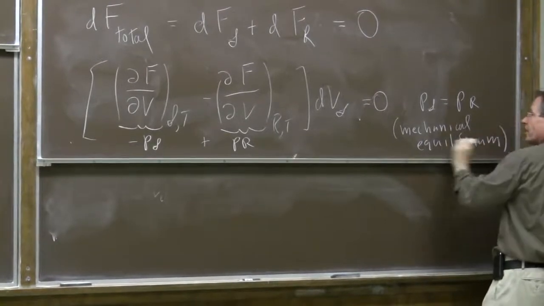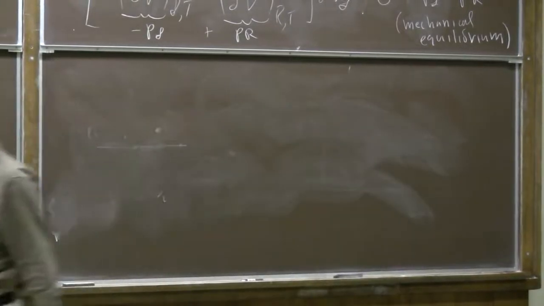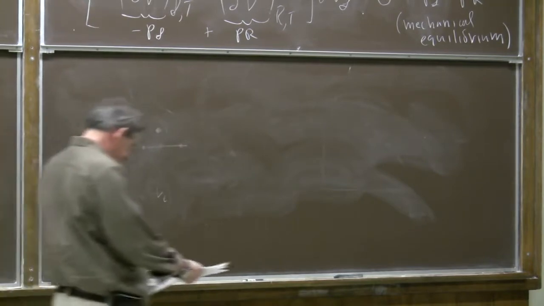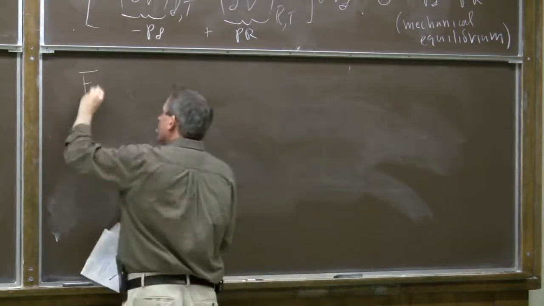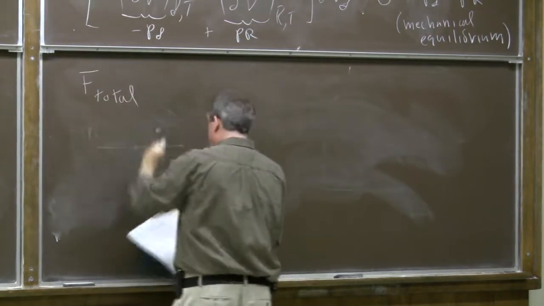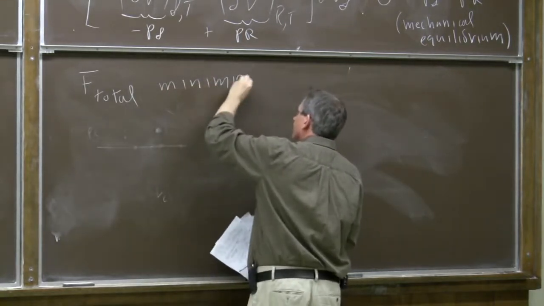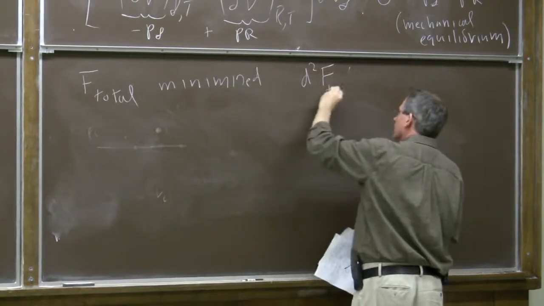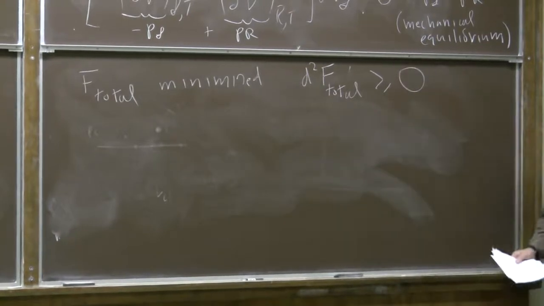But we also should check that the free energy is really at a minimum, not a maximum. It's not enough for it just to have vanishing first derivative. Its second derivative should be positive. So if we want F total to be minimized, then its second variation should be non-negative.